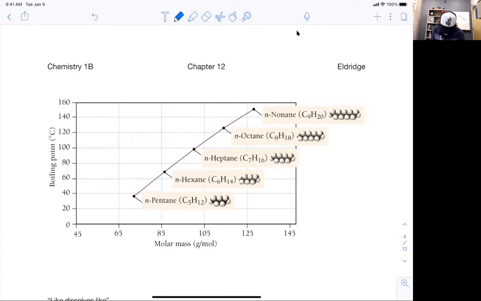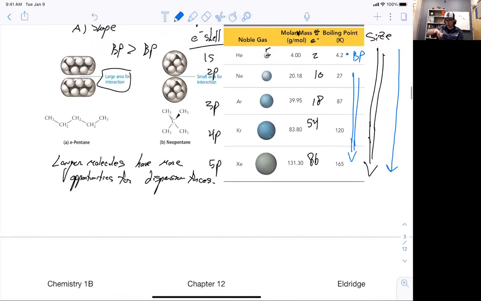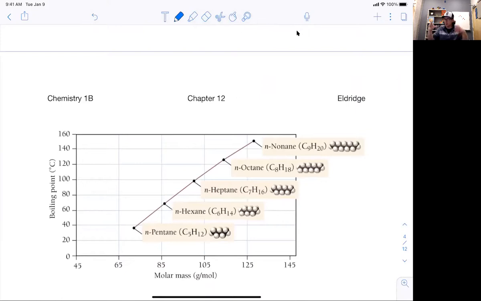So pentane has 5 carbons in a row, hexane 6, heptane 7, octane 8, nonane 9. Notice how they didn't pick molecules with different shapes. A lot of these molecules could have been more bunched up. There's a lot of chemicals with 9 carbons, but they'd be more spherical and less stretched out. So they picked all of the really stretched out ones. That's what that N means. It means sort of linear, or in a row.